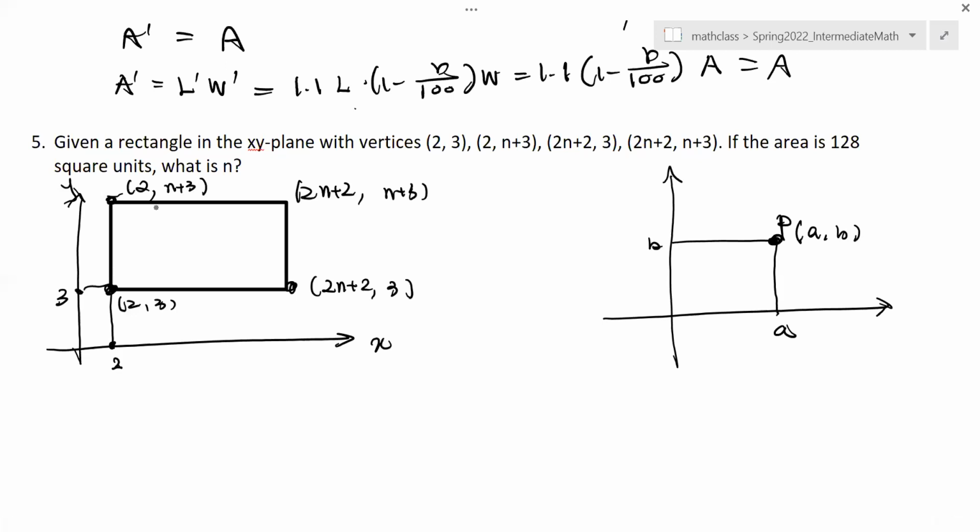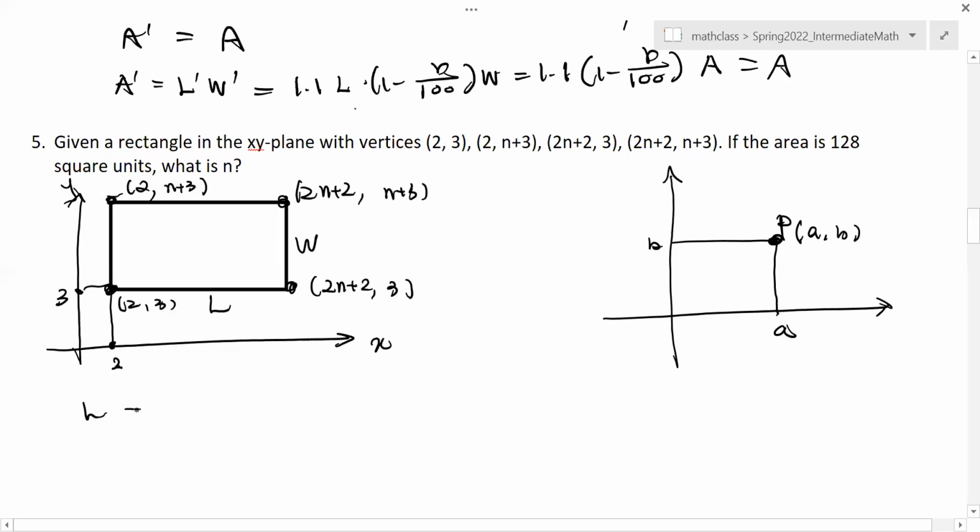So then you label all the points. You write down the coordinates for each point on the rectangle. Then you will see the width and the length.